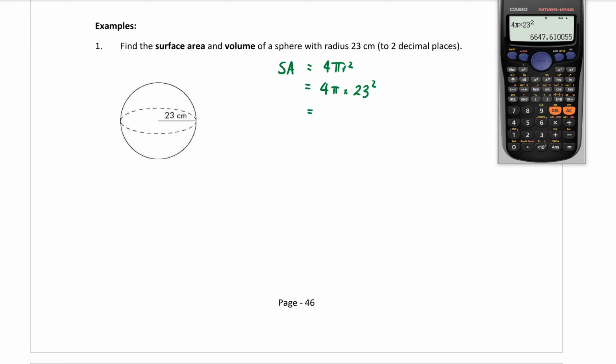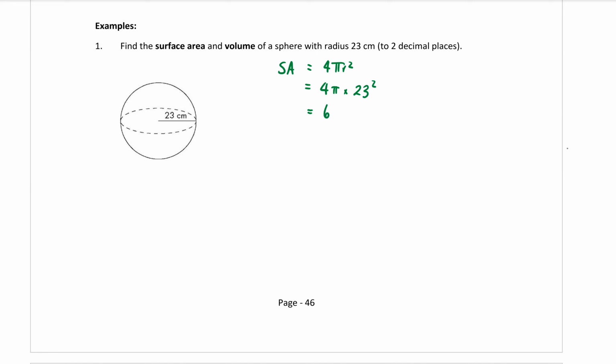So we need 2 decimal places. So that means, you can see it there on my calculator, 6647.61. Don't forget that this is an area, so that will be centimetres squared.